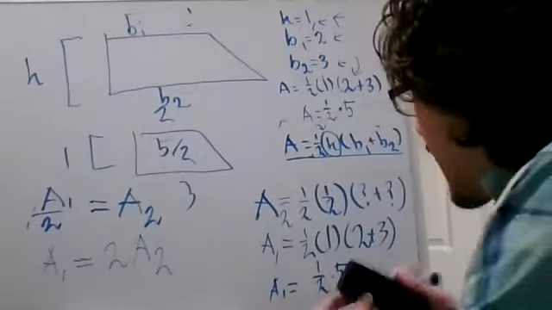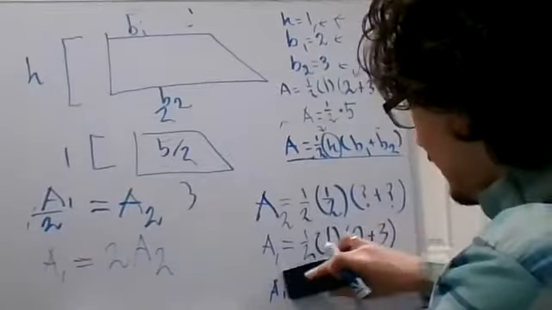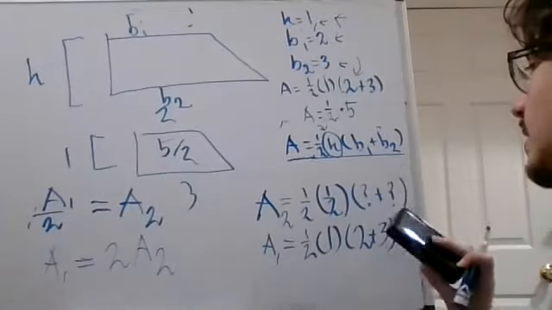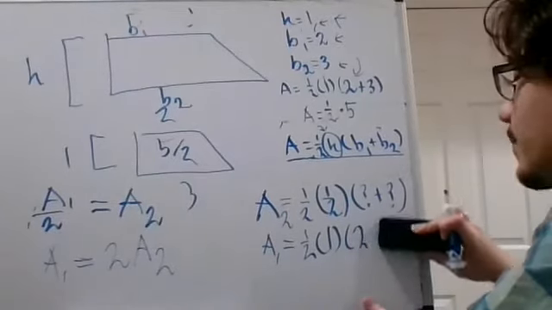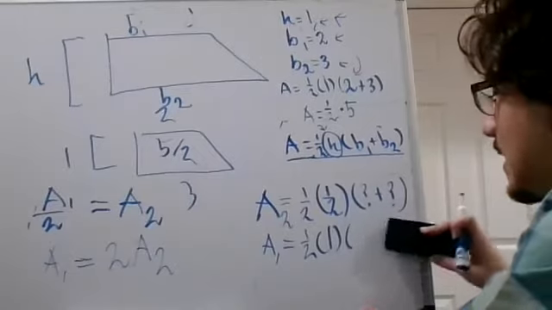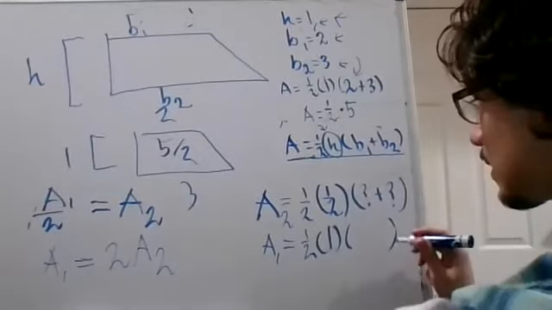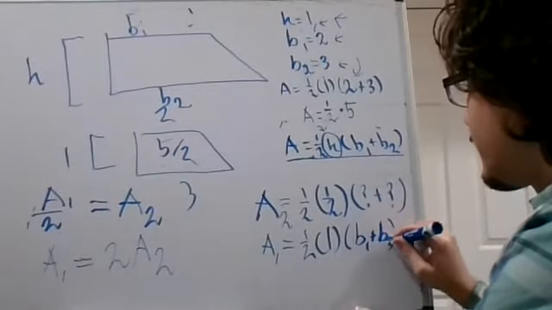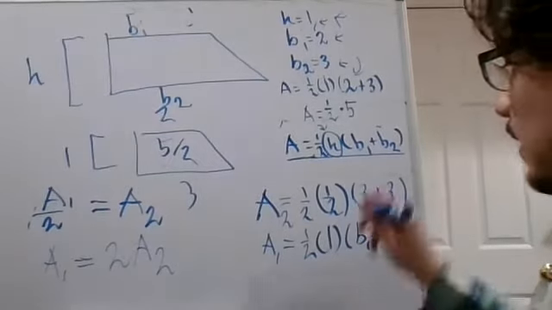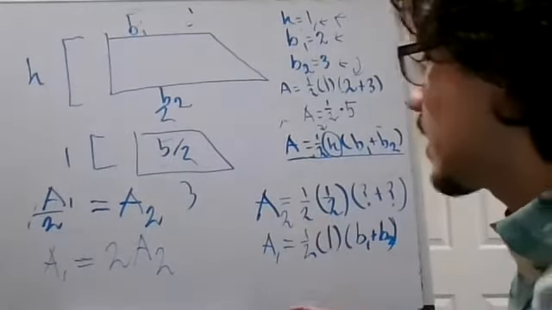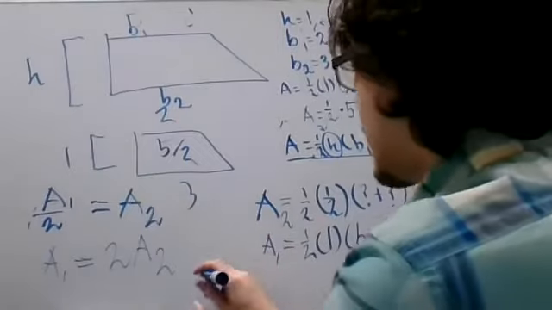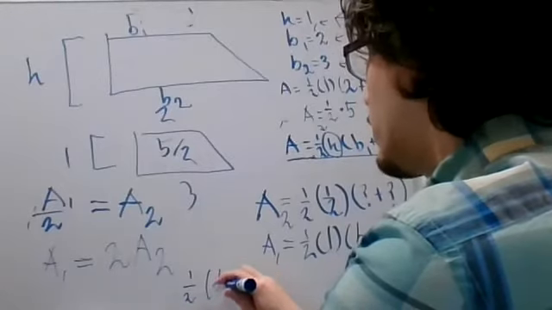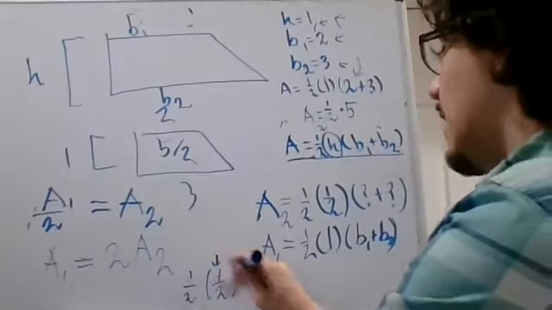So let's back up a little bit, and we can take our equation and say, if we don't know what the new bases will be, let's pretend that we didn't have the bases in the old equation. So let's say we just had base 1 and base 2. If we set the equations equal to each other, as we had before, 1/2. In our new equation, our height is 1/2.